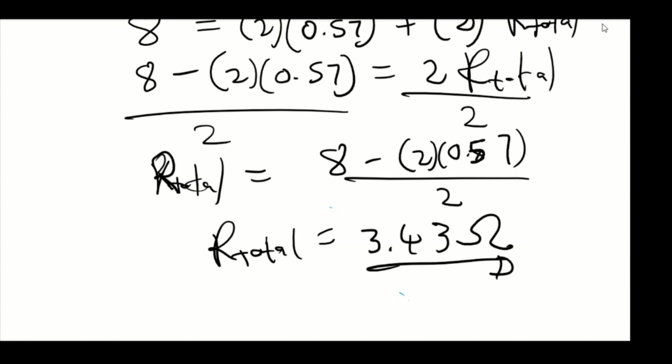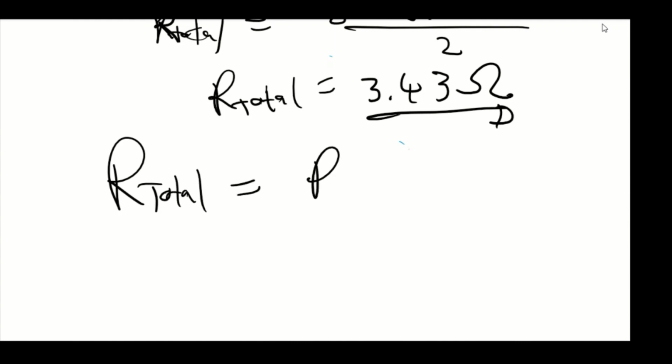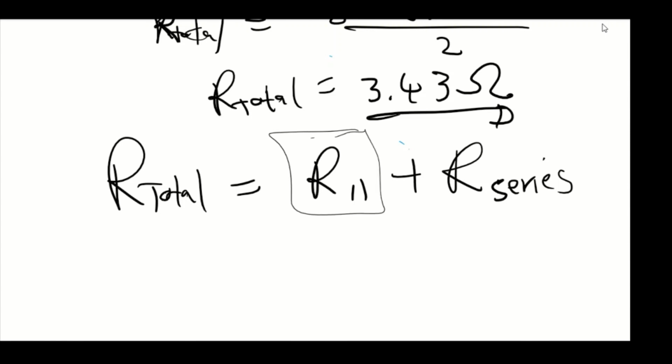Now that you have the total resistance of your circuit and we want to find R1, the total resistance is the combination of the parallel resistance plus the resistance in series, right? What you need to note is that with the R total we just found, the main aim is to find the R parallel, right?